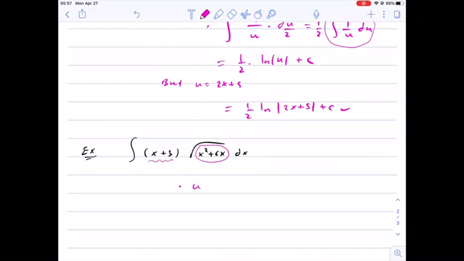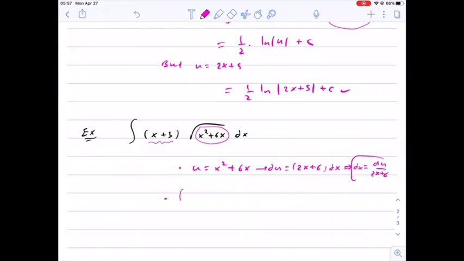So u is x squared plus 6x, then du is 2x plus 6 dx, and then we solve for dx. dx is du over 2x plus 6. Now the integral becomes x plus 3 times square root u, because x squared plus 6x is u, times dx. dx is du over 2x plus 6.